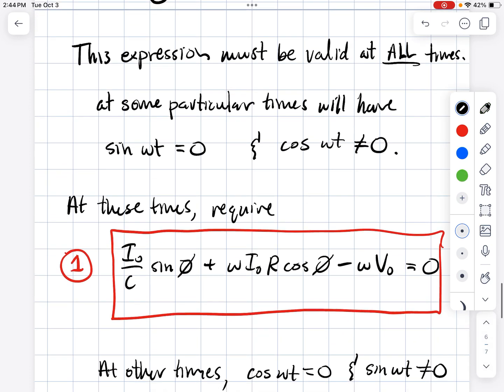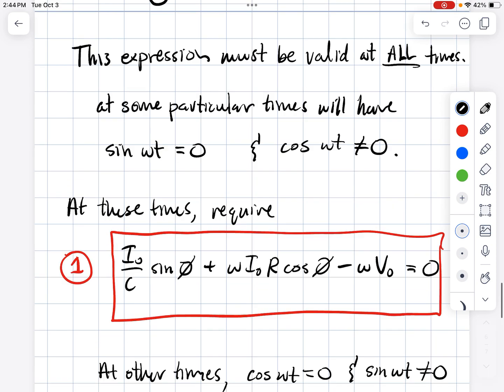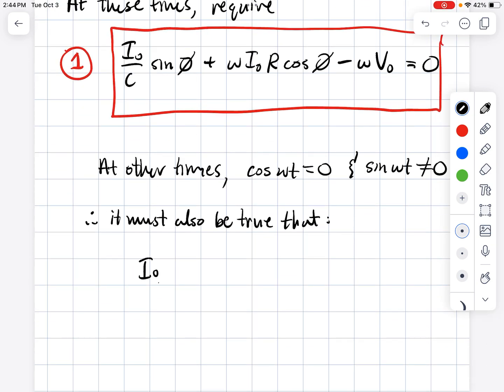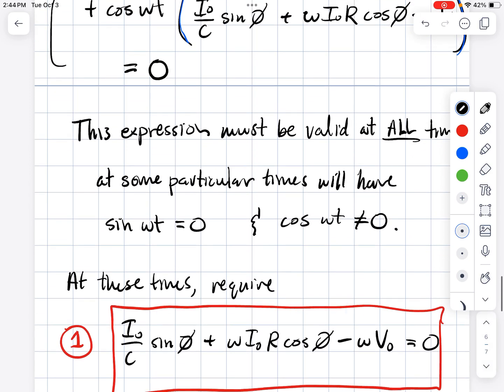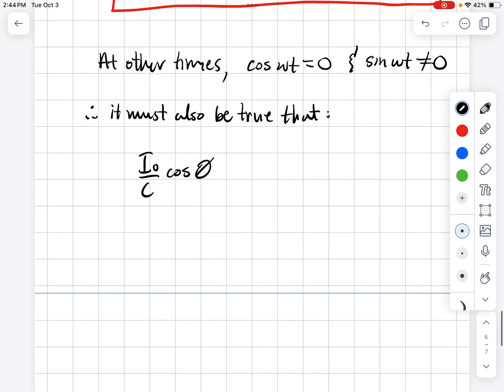Okay, so therefore, it must also be true that, so what was in the green brackets? I naught over c cos phi, and then it would be minus omega I naught r sine phi. Okay, so minus omega I naught r sine of phi.